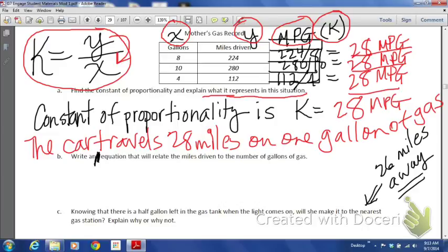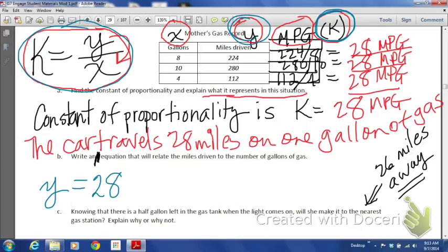We're not going to have K equals Y over X here, because we're trying to write an equation that relates the miles driven, which is our Y, equals our constant of proportionality, our K, which is 28, times X.